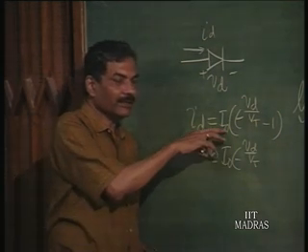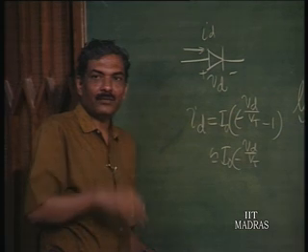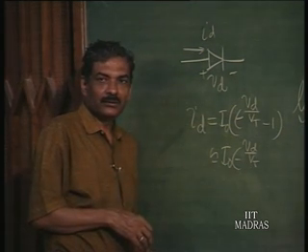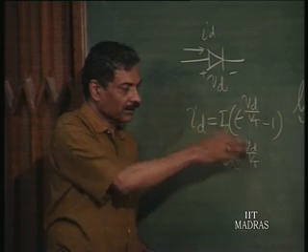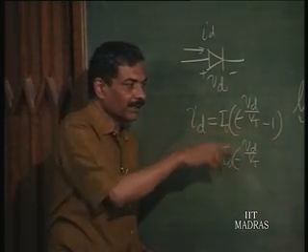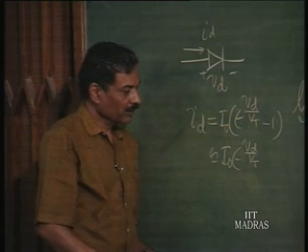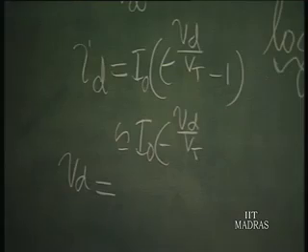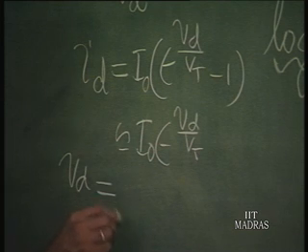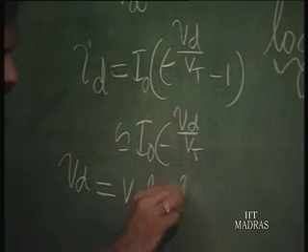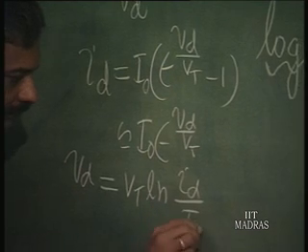For currents, this I naught may be of the order of picoamperes or so. So, under normal bias conditions this approximation holds. So, if this is the case, V diode equals Vt log I diode by I naught.